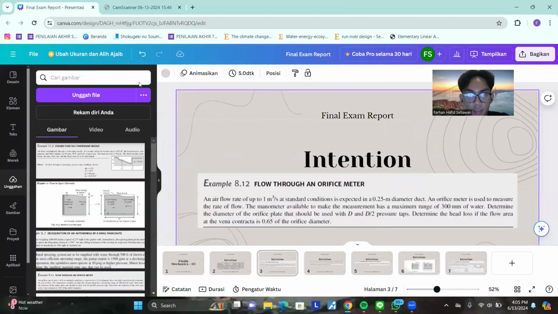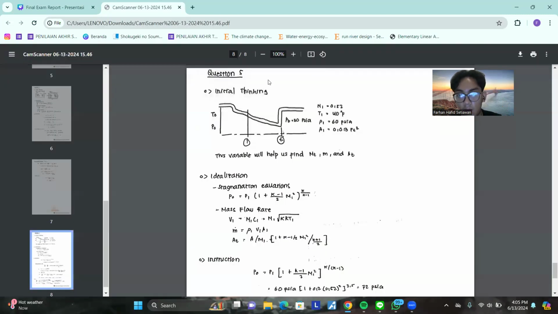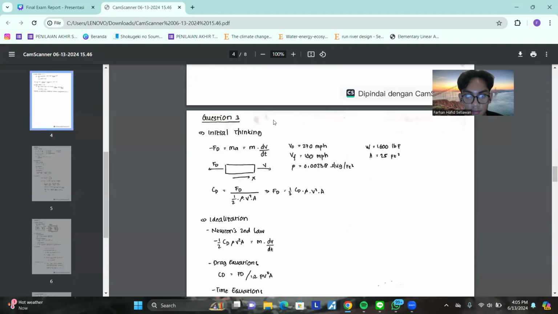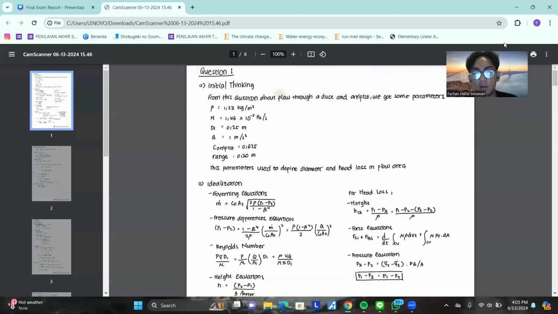Okay, I'm going to explain with the PDF of my worksheet. The initial thinking of question one is about flow through a duct and orifice.